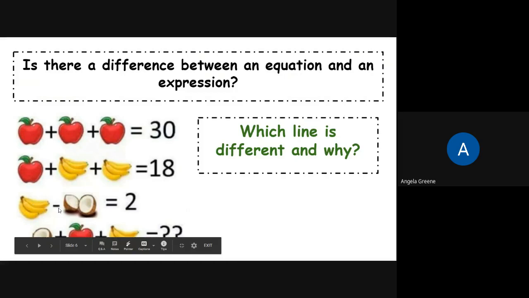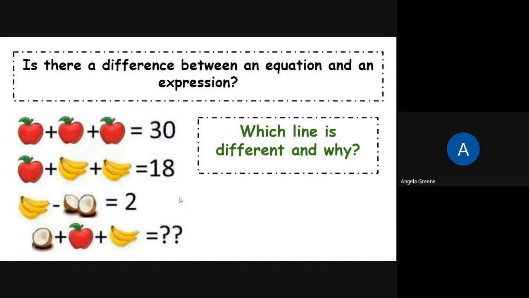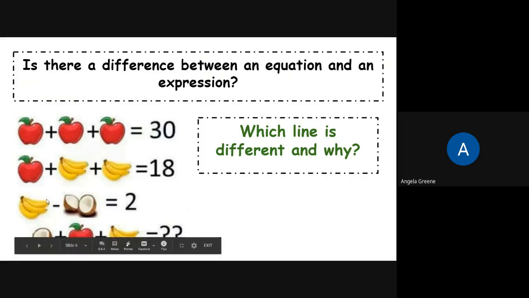So 4 minus the coconuts equals 2. Well, 4 take away what is 2? 4 take away 2 is 2. So what that means is the value of the coconuts is 2.